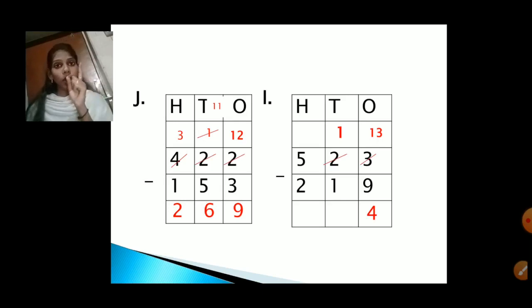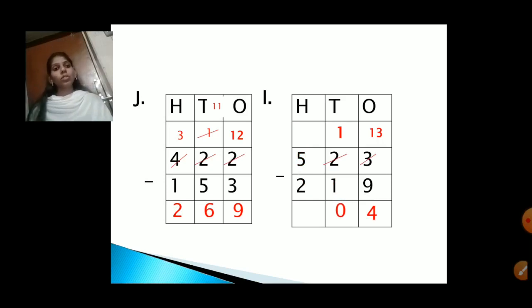Now you tell me, 1 minus 1 equals how many? 0. When we subtract any number from itself, the result is 0. That is our subtraction fact. Right? So 1 minus 1 is 0. So 0 we will write under the tens place.